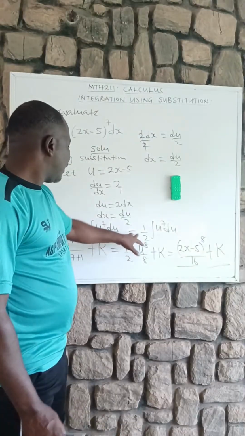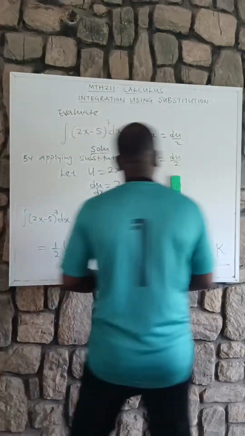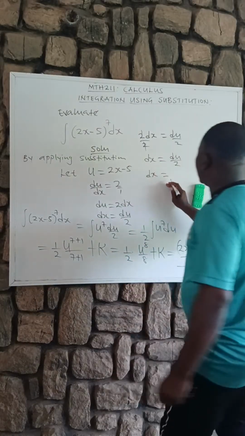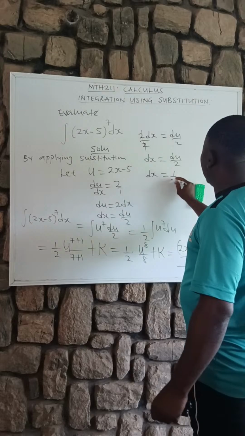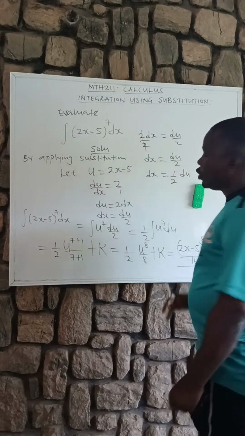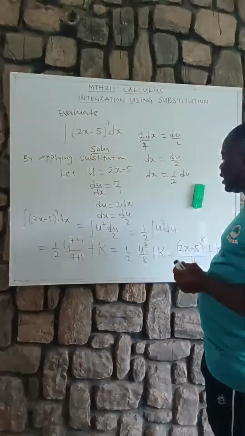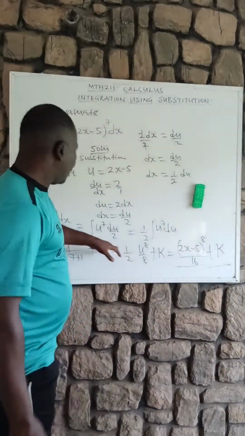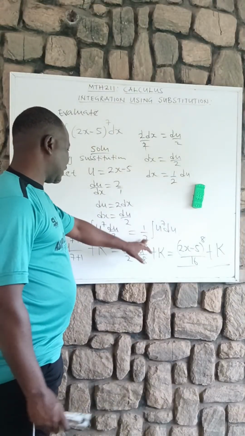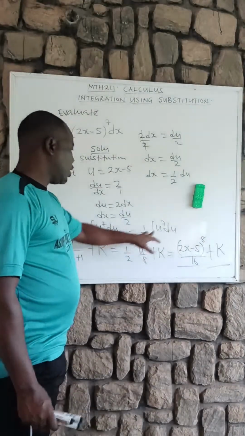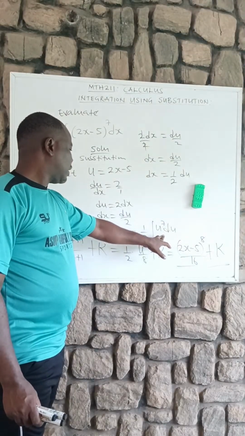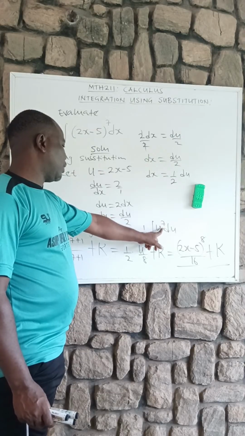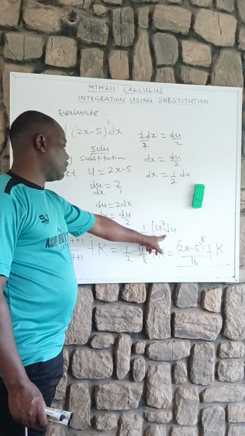As I mentioned, dx is the same as 1 all over 2 du. True or false? It's true, right? So, as you can see now, we factor this 1 all over 2 out. It will be left inside the integral: u raised to power 7 du.